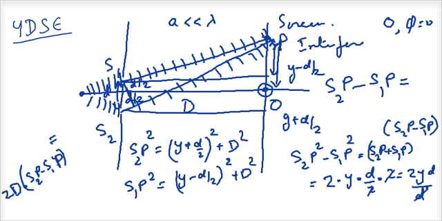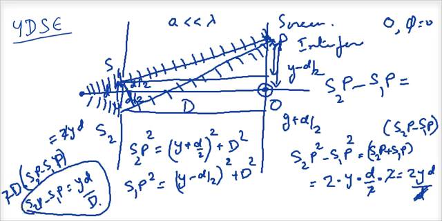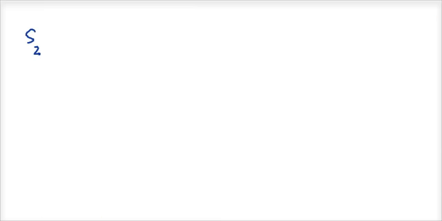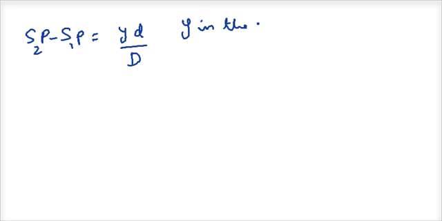S2P minus S1P is the path difference, is equal to how much? So this is equal to 2yd. So from here the 2 will get cancelled, and I will get that S2P minus S1P is equal to yd by capital D. That means the path difference between the two waves, S2P minus S1P, is equal to small y d by capital D. Understand that y is the position of the point where we have set out to find the intensity.